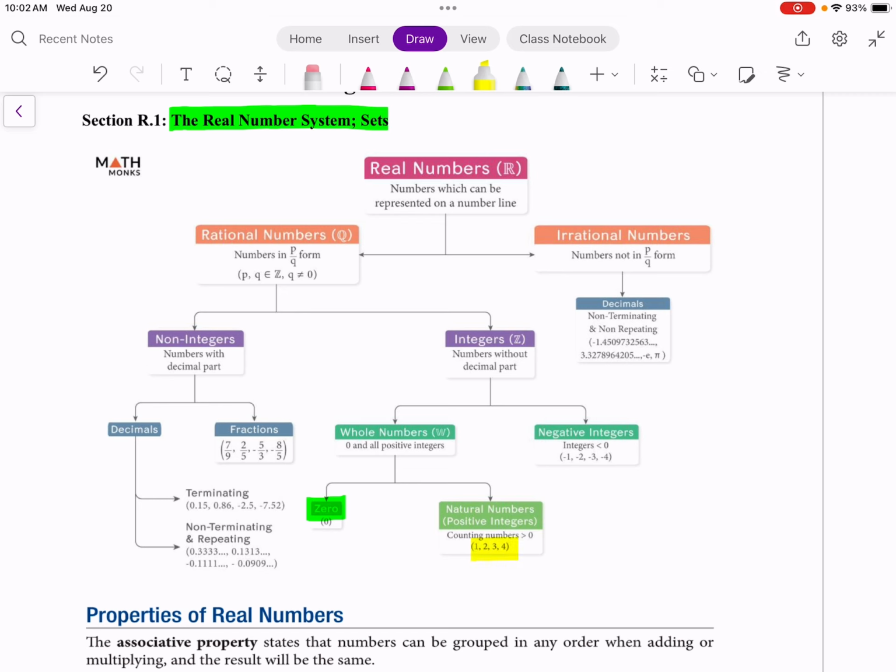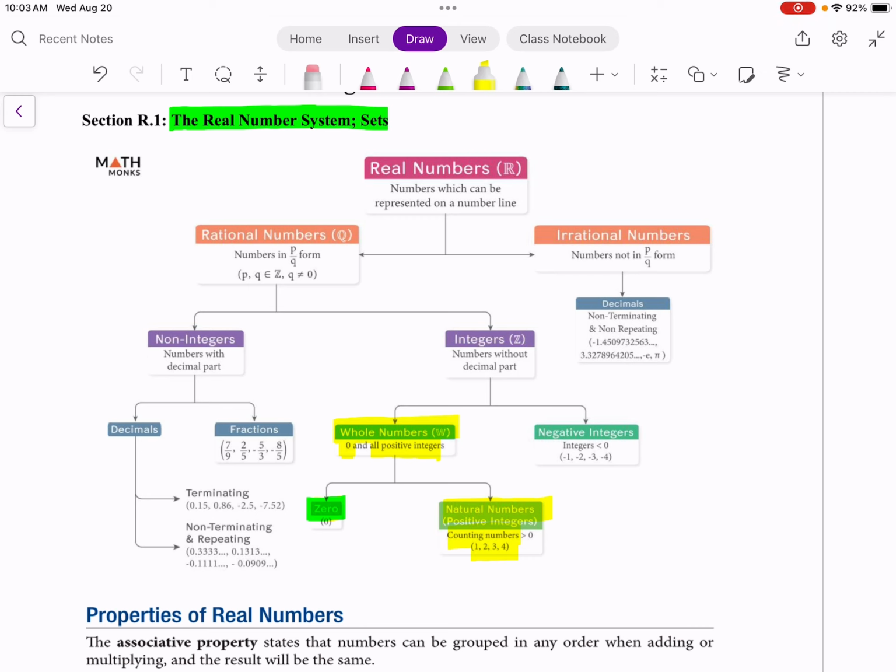Now if you combine 0 and natural numbers, the collection of 0 and natural numbers makes the whole numbers. Okay, we call it whole numbers. So whole numbers include 0 and all positive integers, or whole numbers include 0 and every counting number. So that is a whole number.